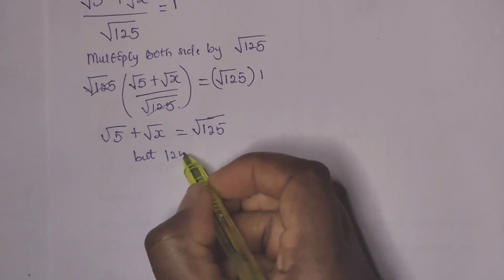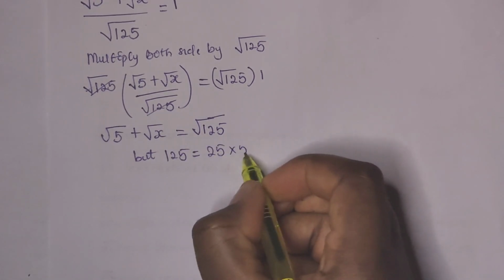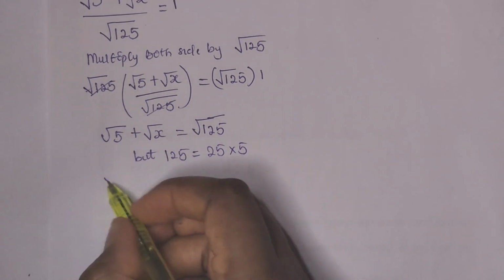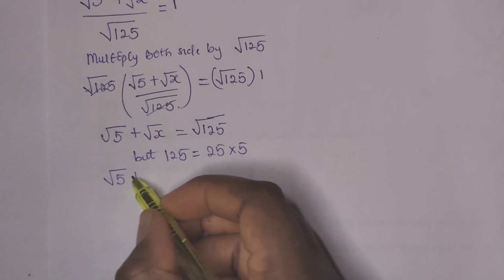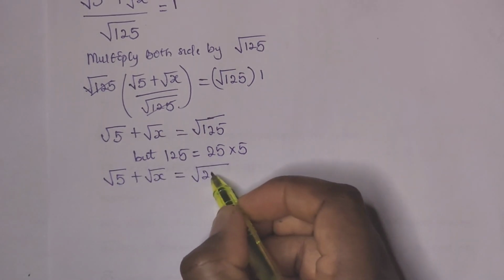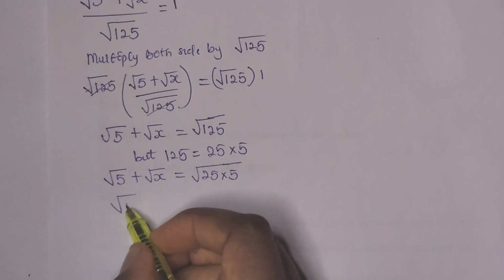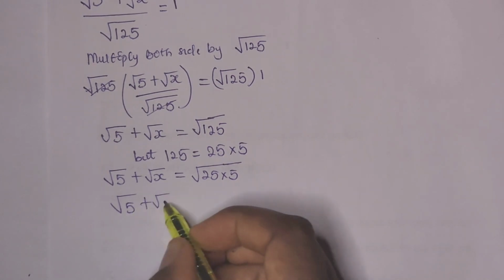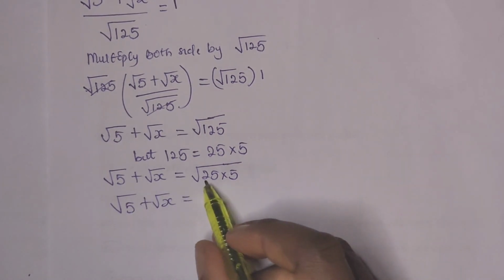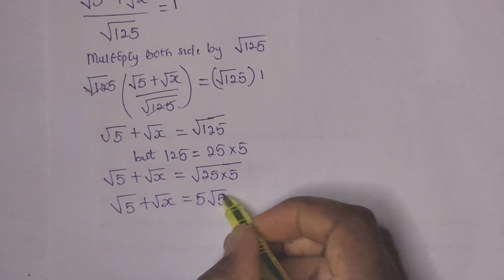but 125 is equal to 25 times 5. So we'll have root 5 plus root x all equal to root 25 times 5. So this will then become root 5 plus root x all equal to root 25 is 5, root 5.